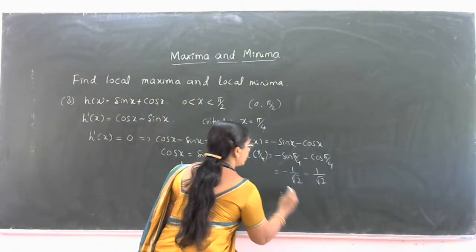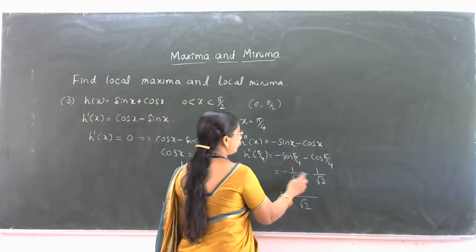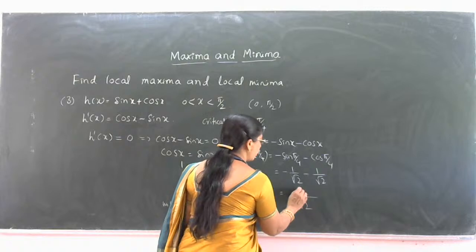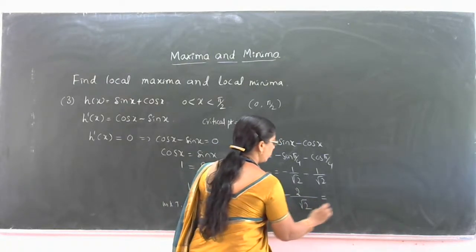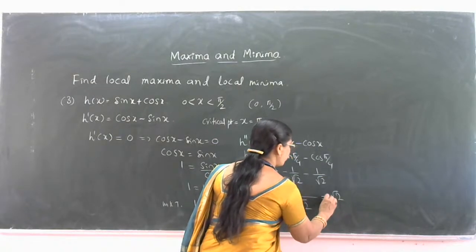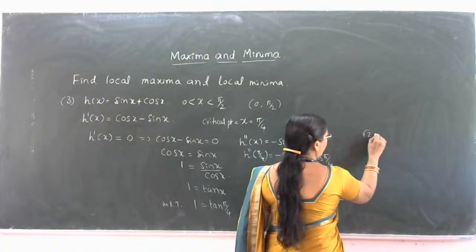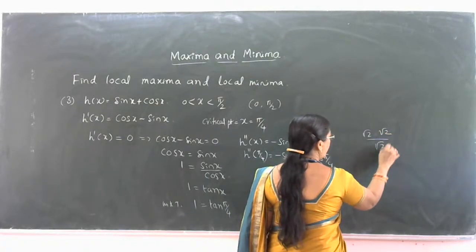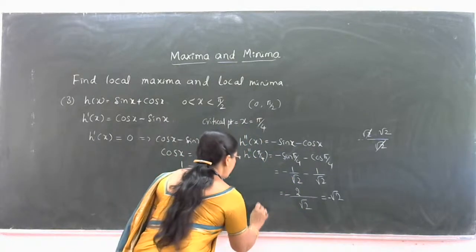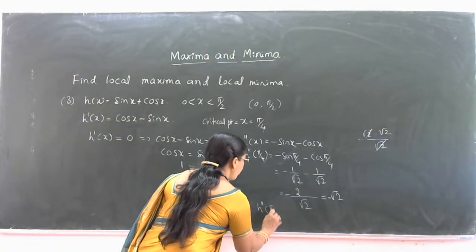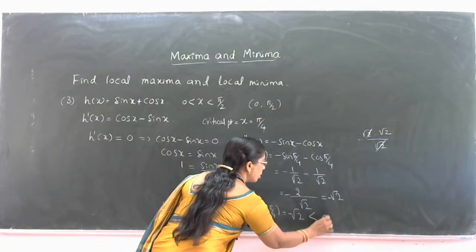That gives minus 2 by root 2, which is minus root 2. Therefore, h double dash pi by 4 is equal to minus root 2, less than 0.